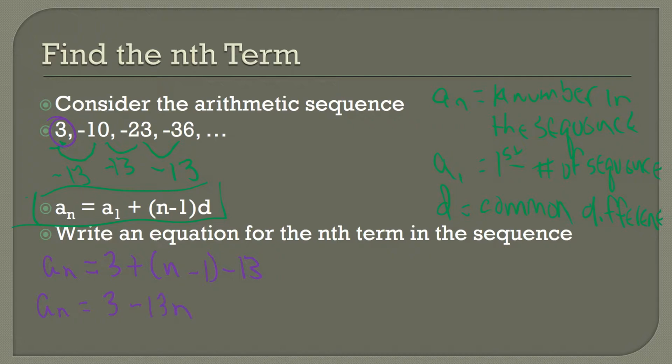And then -13 times -1 is going to give me a +13. Let's combine the like terms here, and we can finish off our formula, where an, any number of this sequence, is going to be equal to -13n, a variable, plus 16. All right, so we've developed our formula. An equals -13n plus 16.